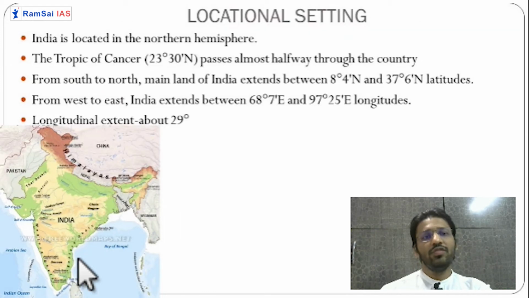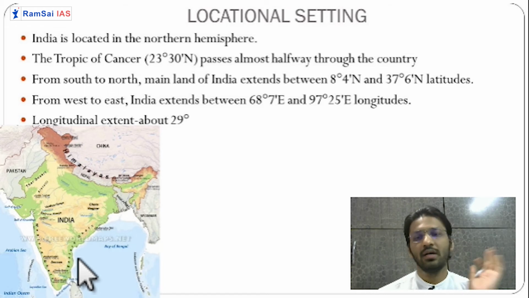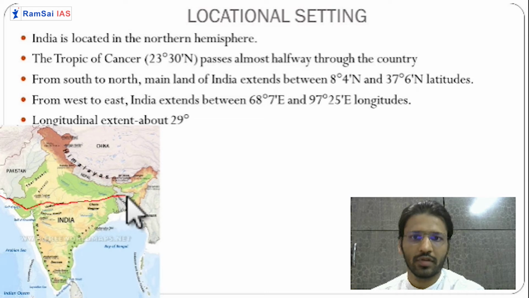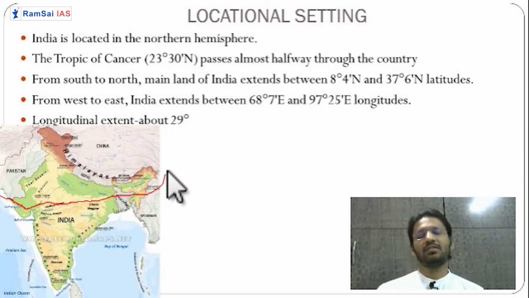Now, if you understand the location settings of India, how it is placed, we know that it is on the eastern side of the prime meridian. So we are located in the eastern hemisphere. The Tropic of Cancer passes almost through the center of India, dividing India into almost two parts.